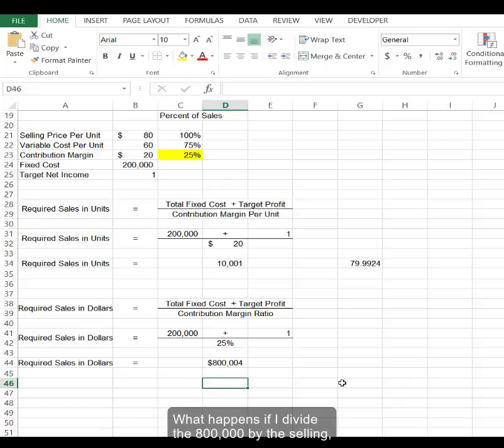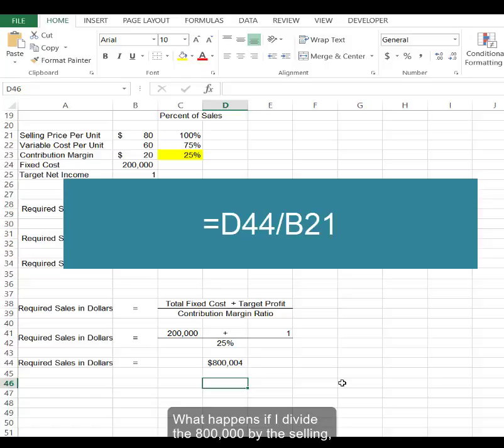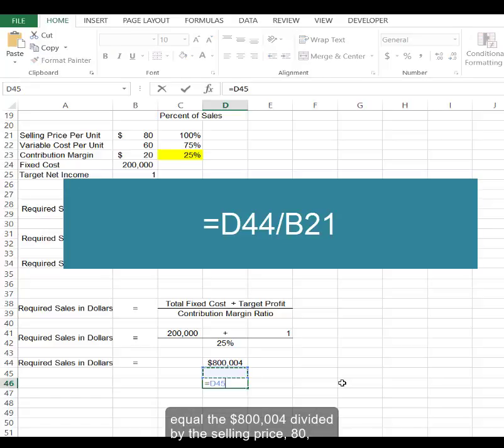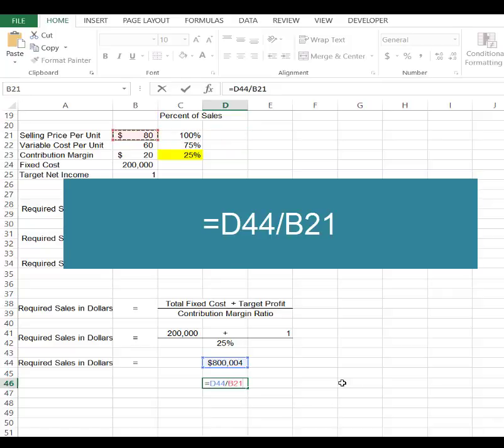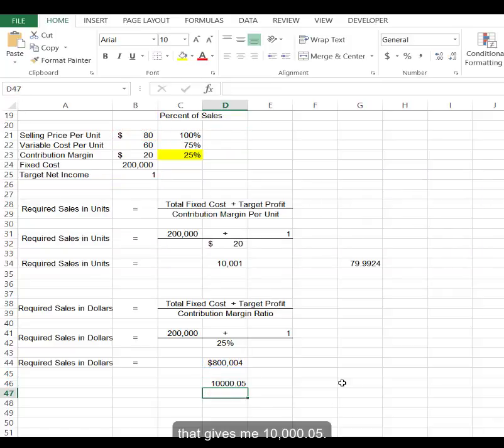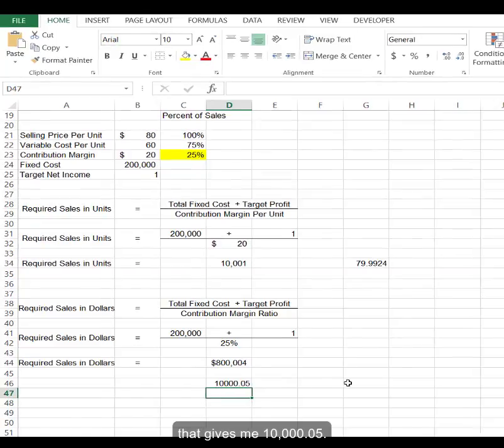What happens if I divide the 800,000 by the selling price? I should get close to 10,000 units: equal the $800,000 divided by the selling price, 80. That gives me 10,000.05.